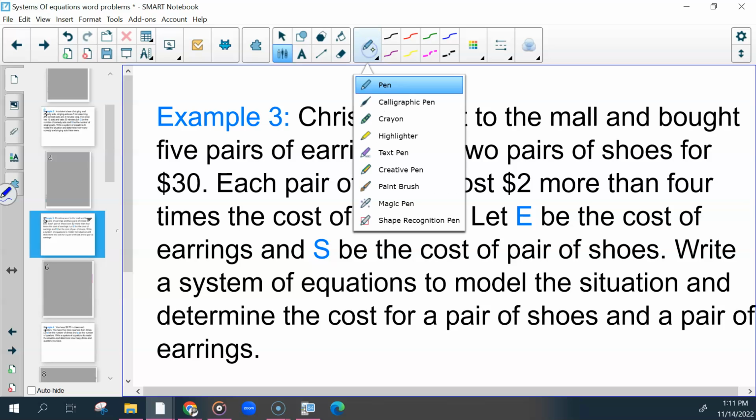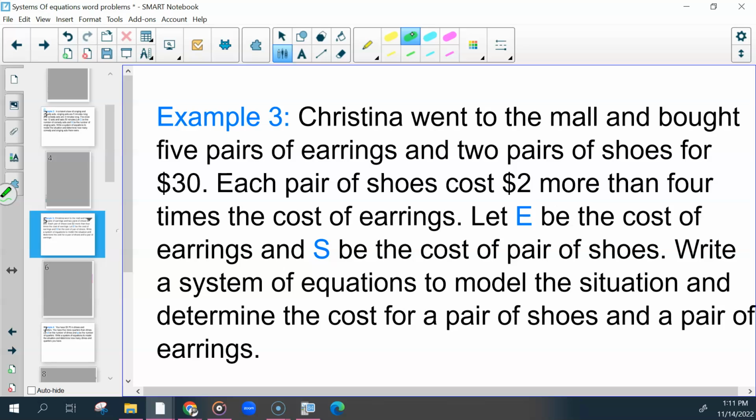E, cost of earrings, and S, cost of pair of shoes. Okay. 5 pairs of earrings, 2 pairs of shoes for $50. Anything else? Each pair of shoes costs $2 more than 4 times the cost of earrings. That entire sentence is important.